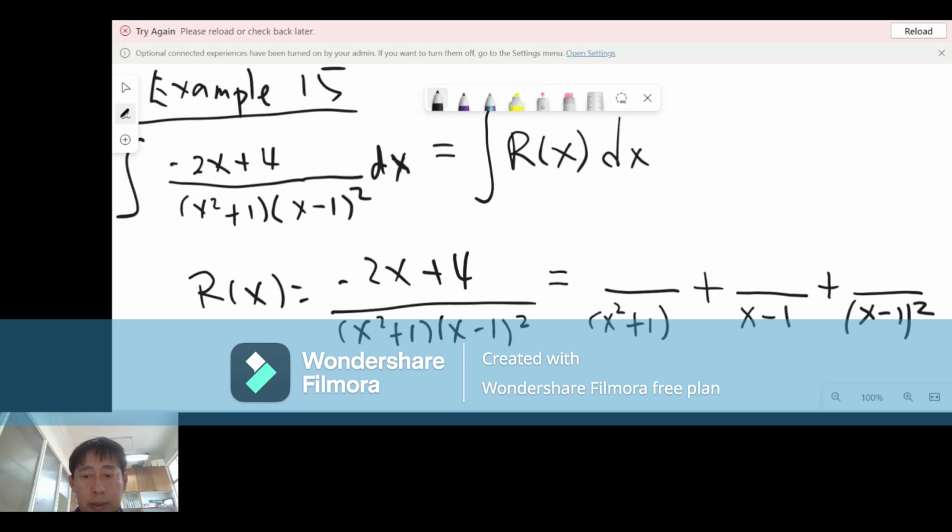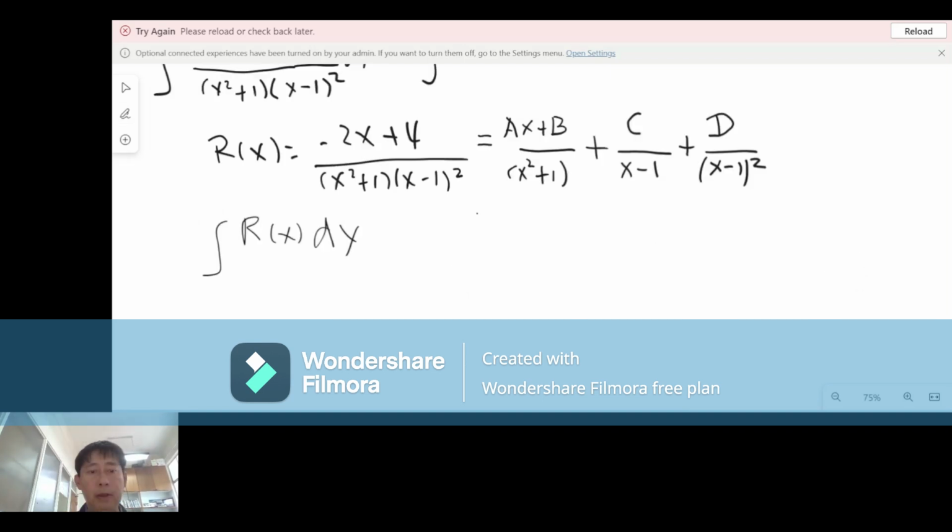The numerator for the irreducible quadratic factor has to be a linear factor of the form ax plus b. The second and third partial fractions, which comprise the linear factor x minus 1, should contain a constant c and another constant d.